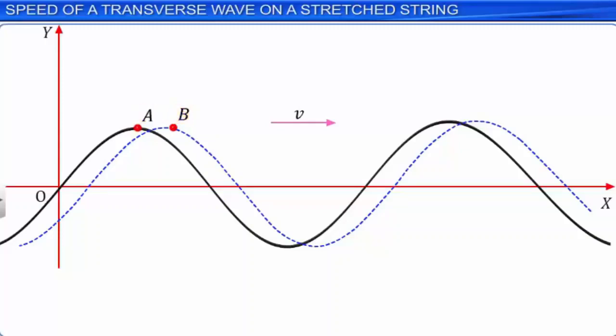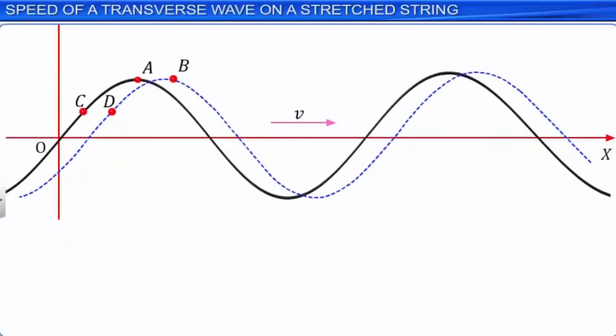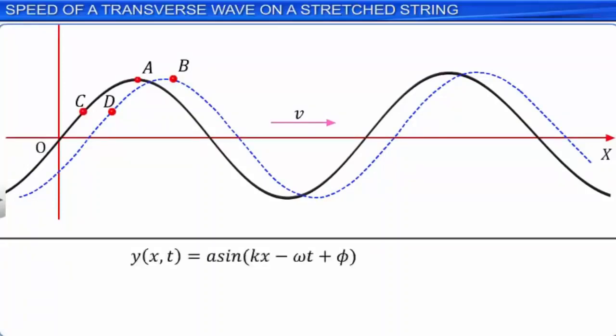Since the wave is travelling along the positive direction of the x-axis, that is, from left to right, the waveform can be represented by the expression y(x,t) = A sin(kx − ωt + φ), where k is the angular wave number and ω is the angular frequency of the wave. From the initial conditions, we know that φ = 0. Therefore, y(x,t) = A sin(kx − ωt).